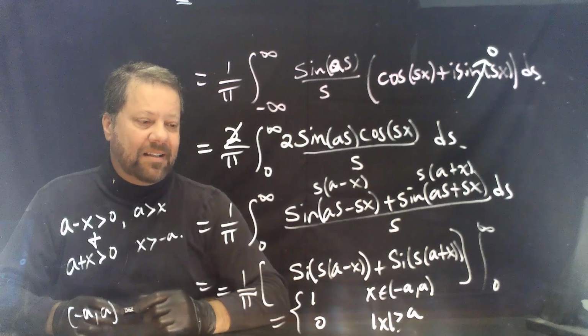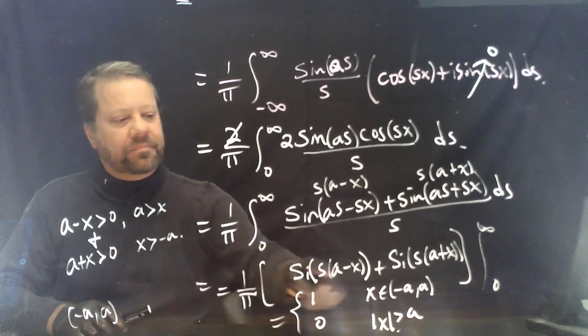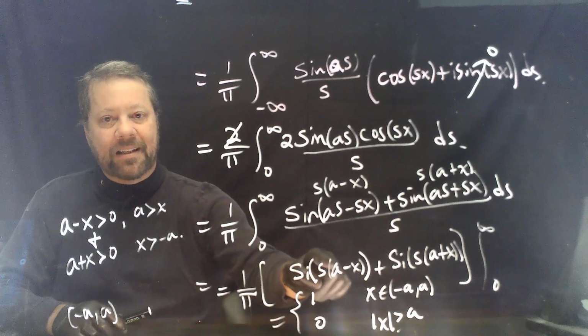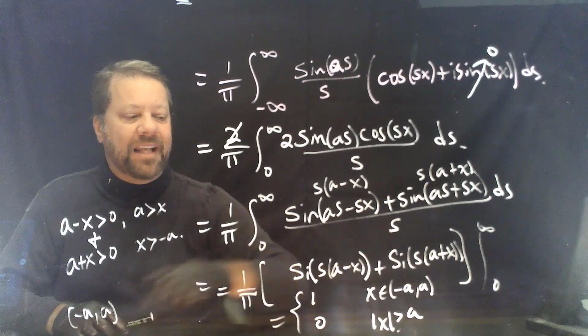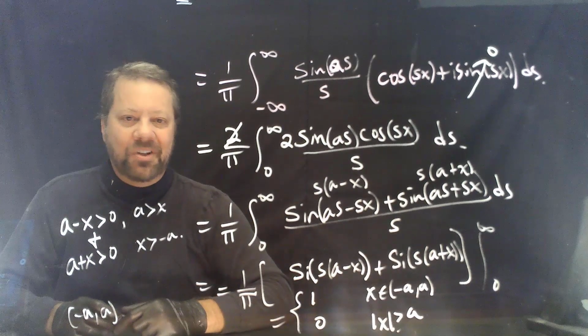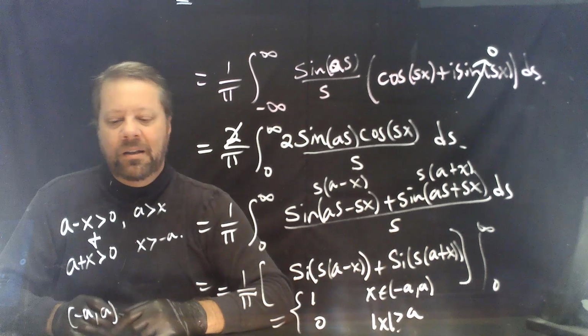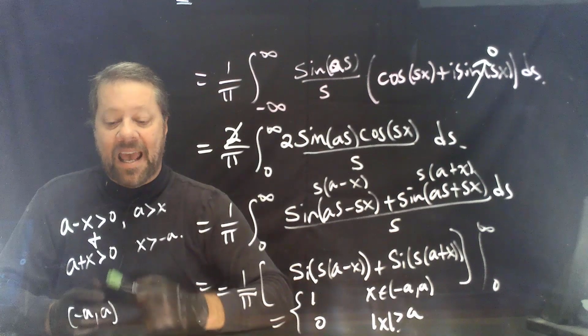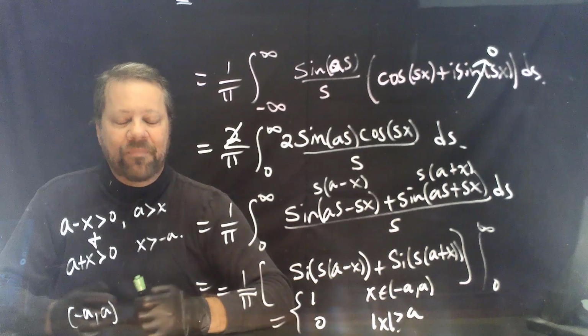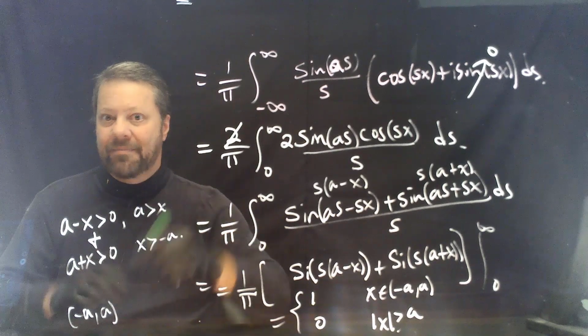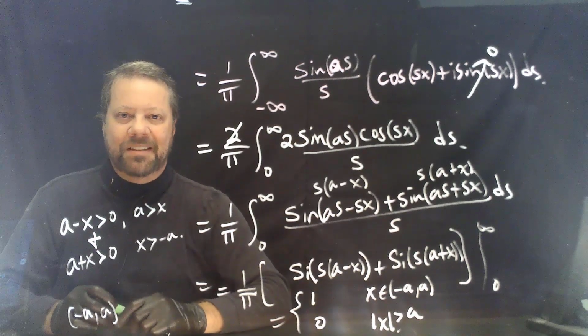If x is less than negative a, you'll get a positive out of this. So this will go to pi over 2, but a negative out of this goes to negative pi over 2, and you get 0. Now, strictly speaking, what happens at a and at negative a will be irrelevant, but you can guess that what you'll get is the average, as you should expect.